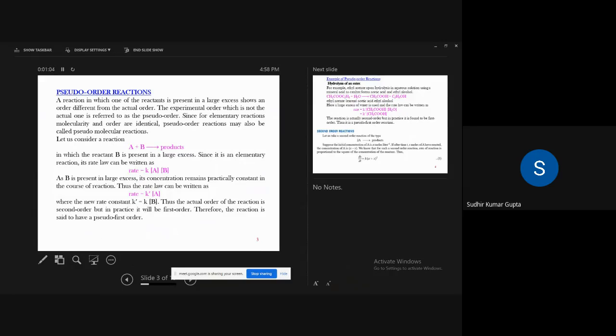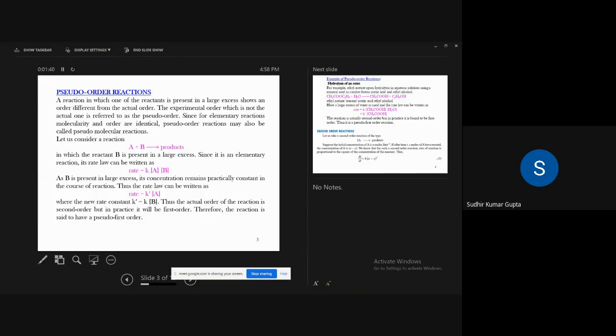It means that if there is a reaction in which one reactant is present in a large excess compared to the other reactant, then the change in concentration of the other reactant will be high, and the relative change in concentration of the reactant whose concentration is very high will be very small. Practically you will find that there is no change.